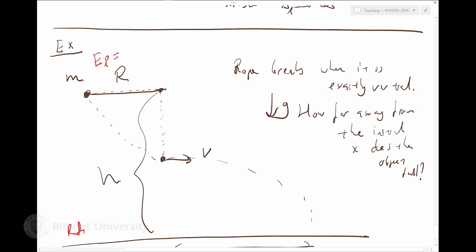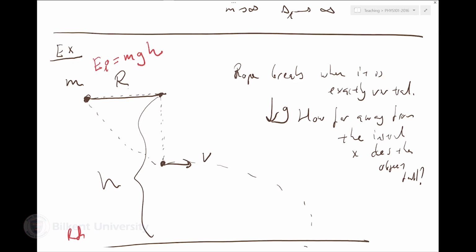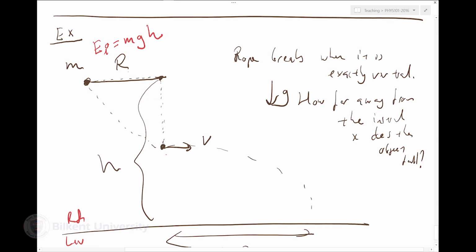So it's going to be mgh, right? Let me call this E bottom. What's my potential energy when the rope has completed the quarter of the circle? mg(h minus r).